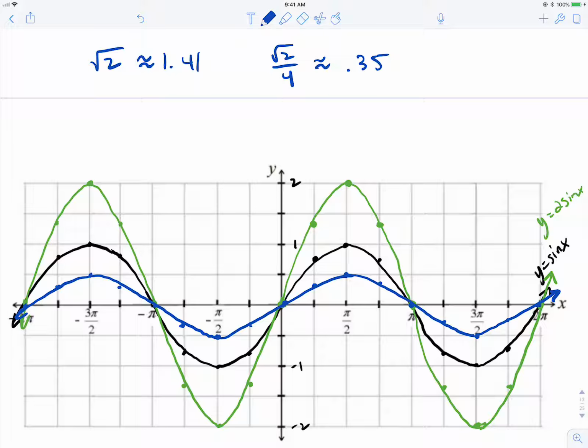And then we label it y equals 1/2 sine of x.